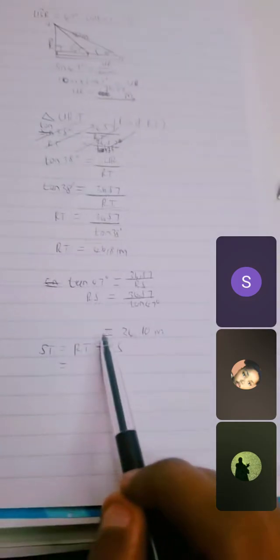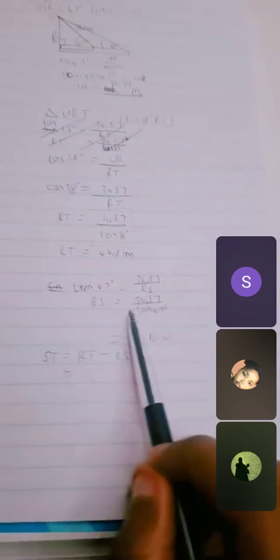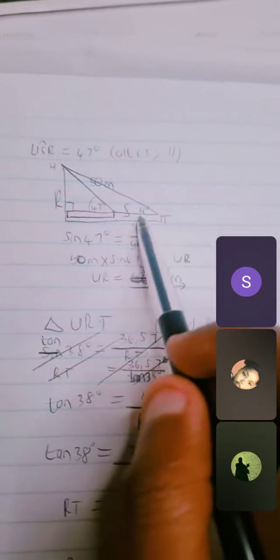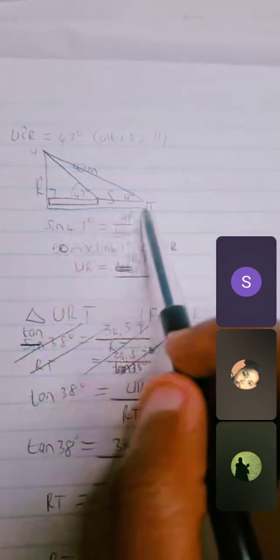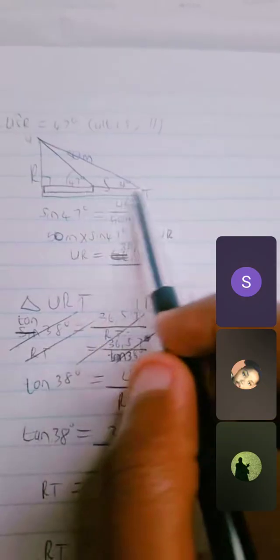I then got RS, which is just the portion. Now I want ST, so I take the full length minus the part, which should give me the balance. So ST is equal to RT, the big length, minus a part, which is RS.